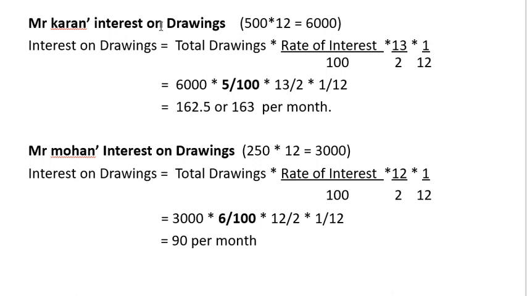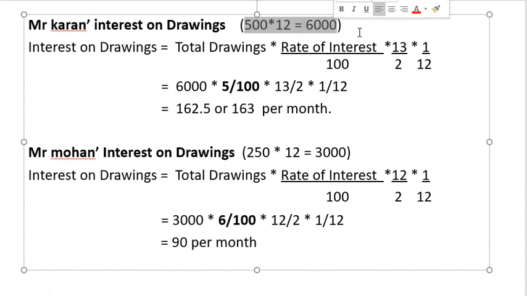See, Mr. Karan interest on drawings 500 per month means you should multiply it by 12. 500 into 12, 6000 rupees. Now apply this. Interest on drawings is equal to total drawings into rate of interest divided by 100 into 13 by 2 into 1 by 12. See, now 6000 rupees is the total drawings. Rate of interest 5%.